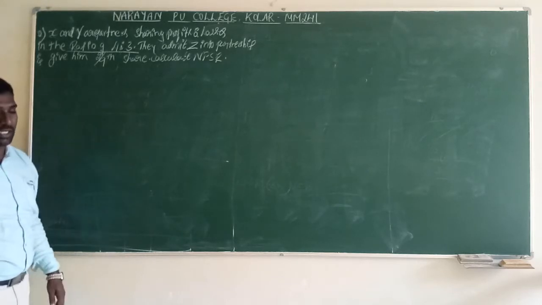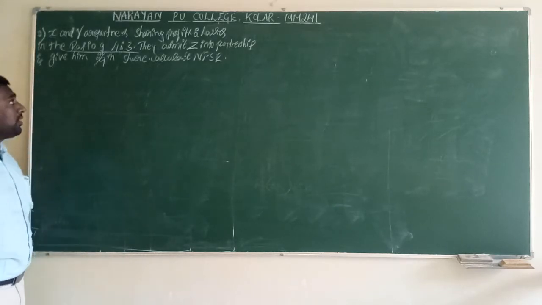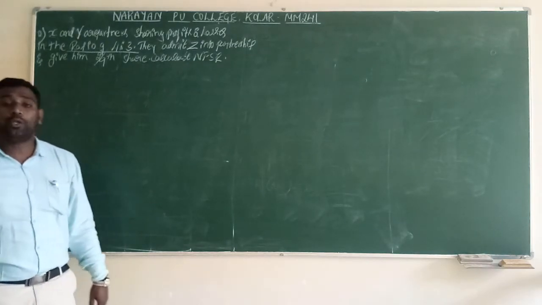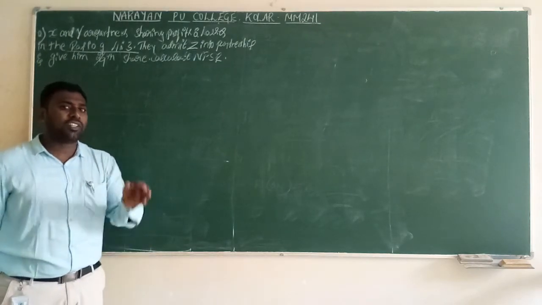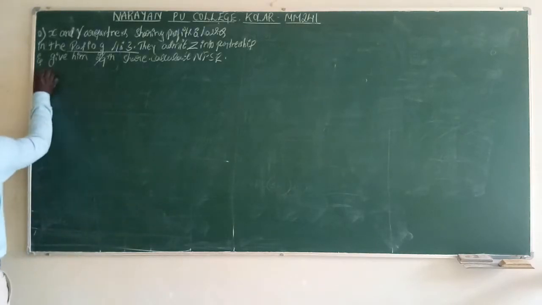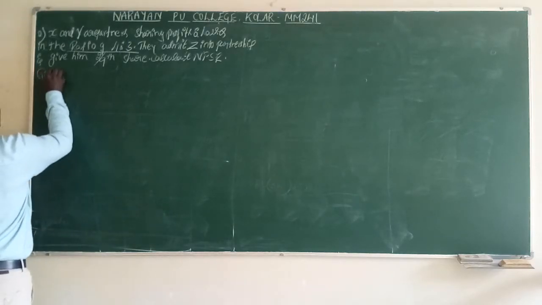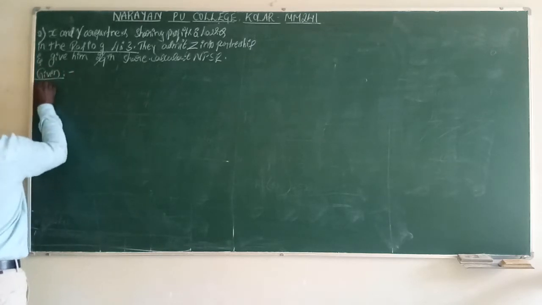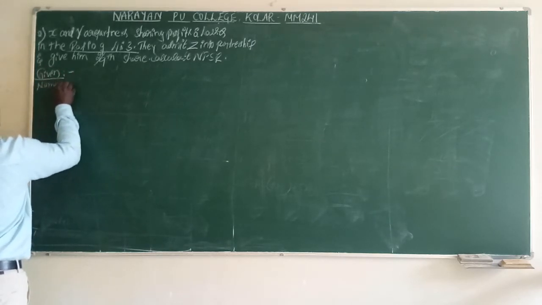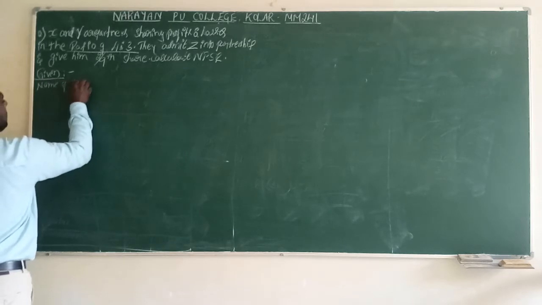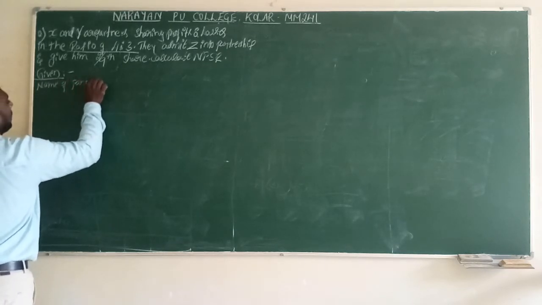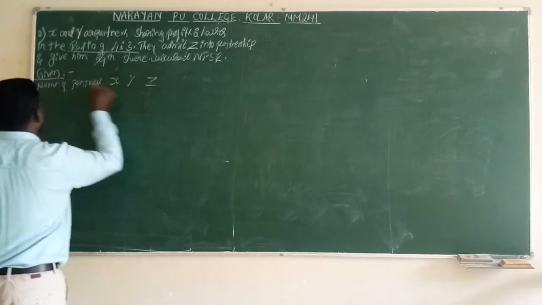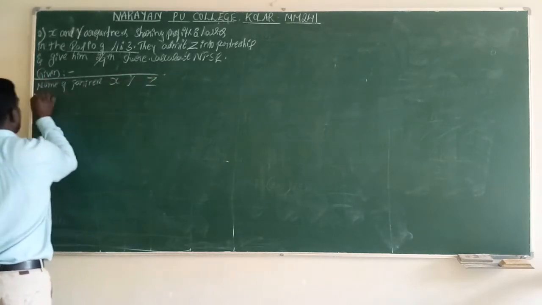We have to adjust that. With the help of these two values, we have to calculate the new profit sharing ratio. First, we will make a note of the given information. In that, first the names of partners. Here X, Y, Z, 3 members are the partners.